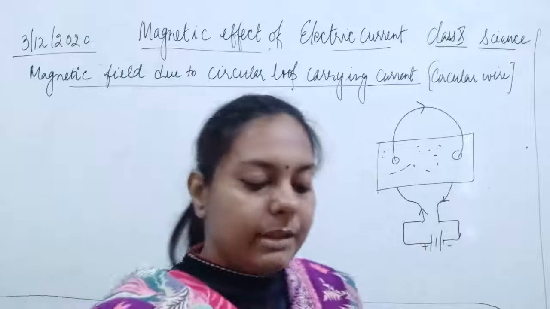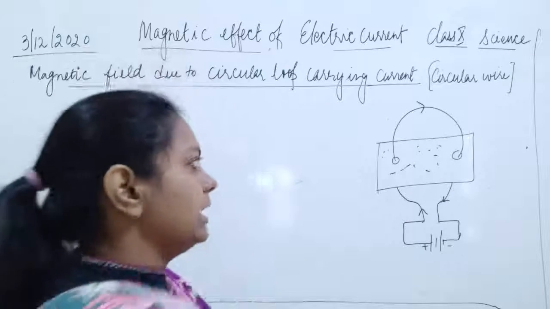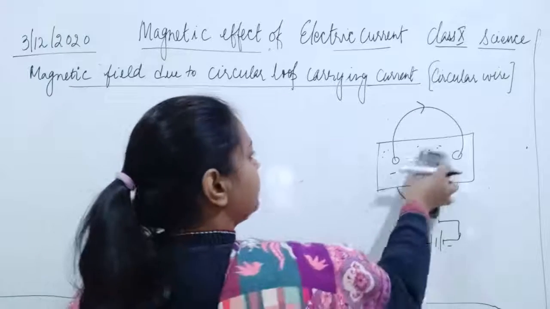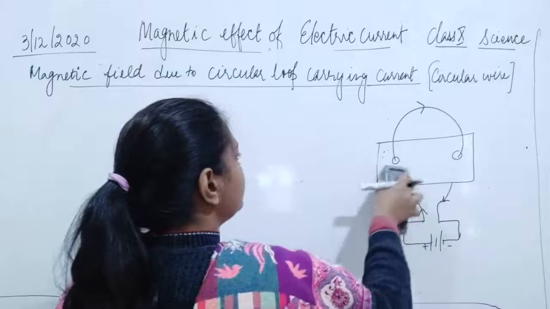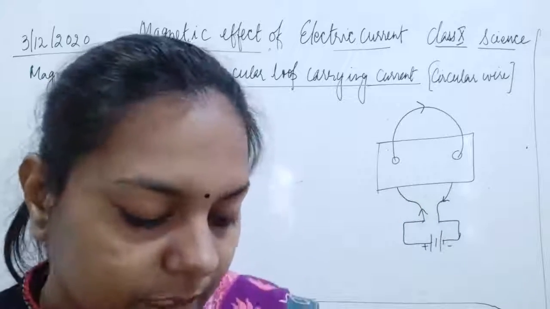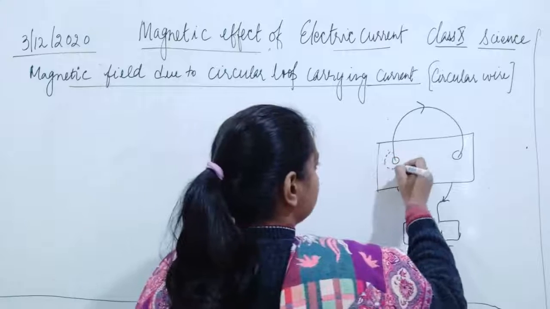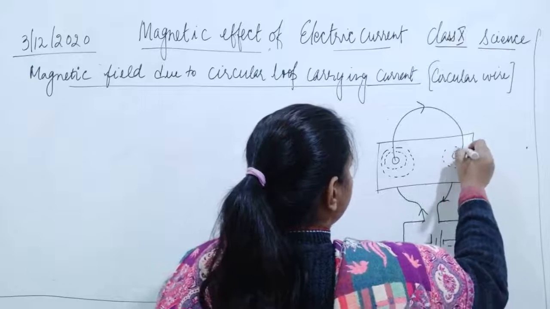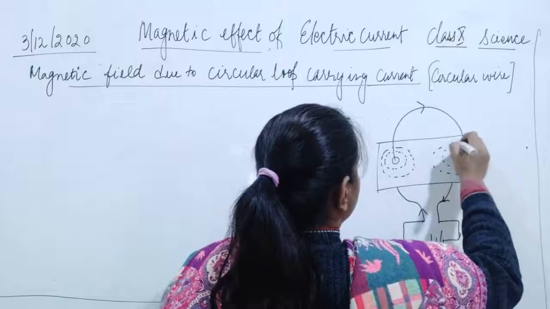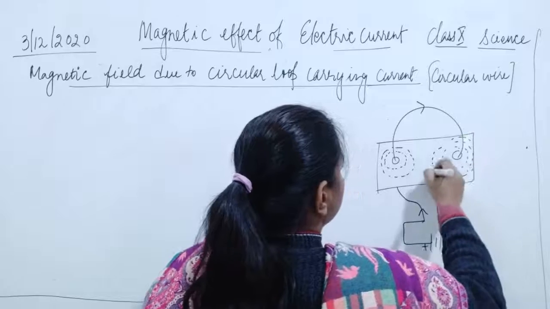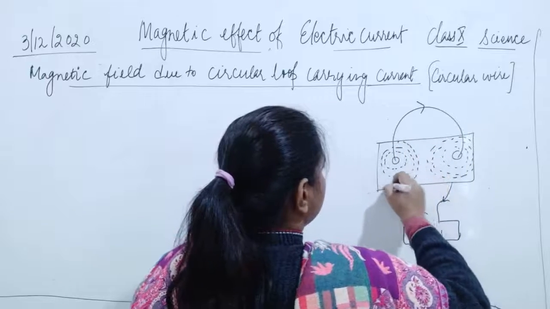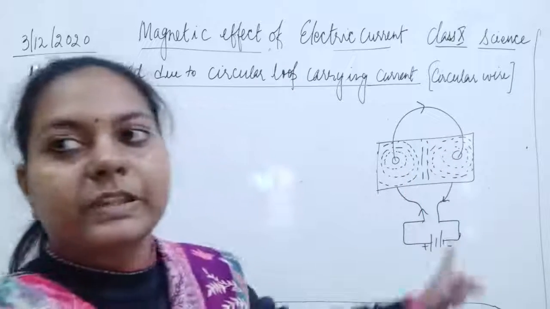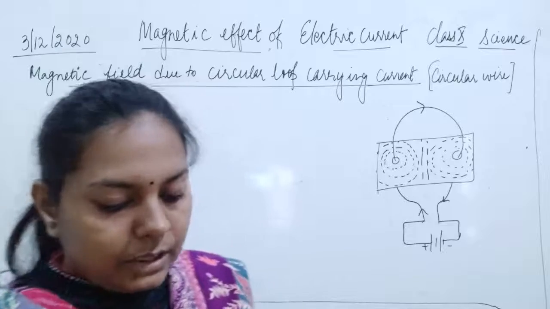You have to wait for some time, and just after waiting you have to tap this cardboard gently. As soon as you tap this cardboard, you will see that the iron fillings are going to arrange themselves in the form of circular rings, as we were getting in the straight current carrying conductor, okay children.